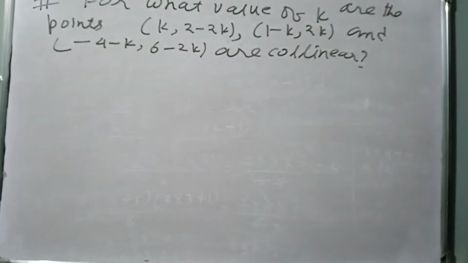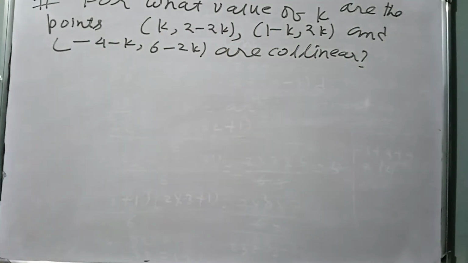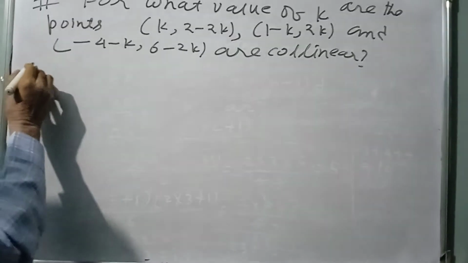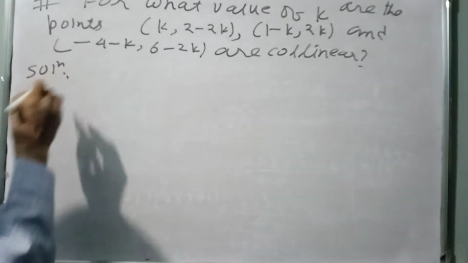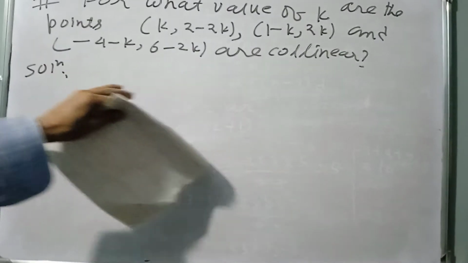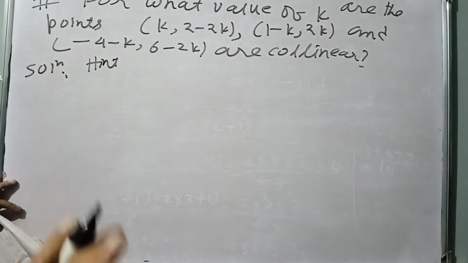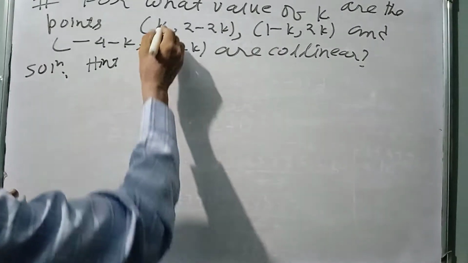What should the value of k be so that the first, second and third points are collinear? For the points to be collinear, what should be done? Triangle ABC equals 0. This hint is not the complete solution; you have to solve the problem yourself.